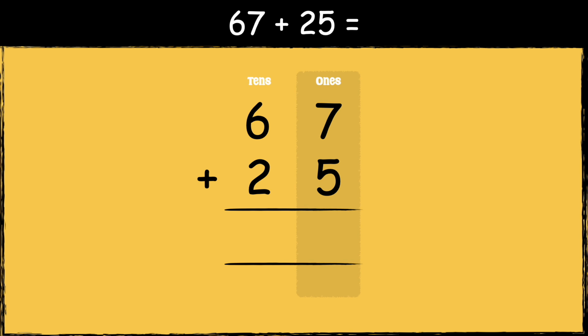So we start with the ones. 7 add 5 equals 12. We carry the 10 below in the tens column. Now we need to add the digits in the tens column. 6 add 2 add 1 equals 9. So the answer is 92.